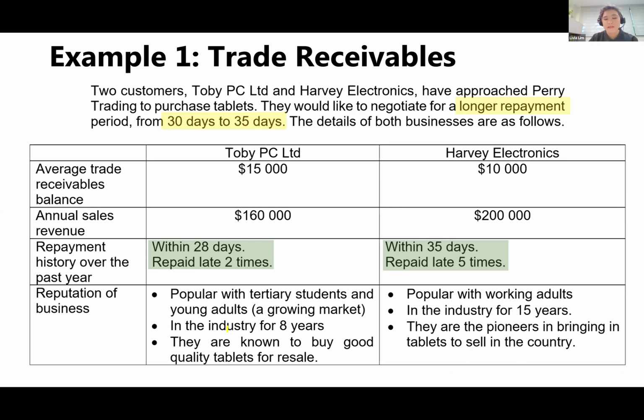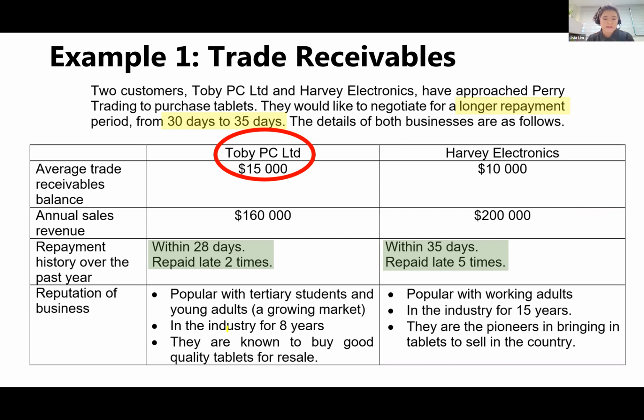You are a businessman, an accountant acting in the best interest of your business, which is Tony Trading. From that perspective, you would choose to extend the longer repayment period to Tony PC Limited because he is actually less risky.